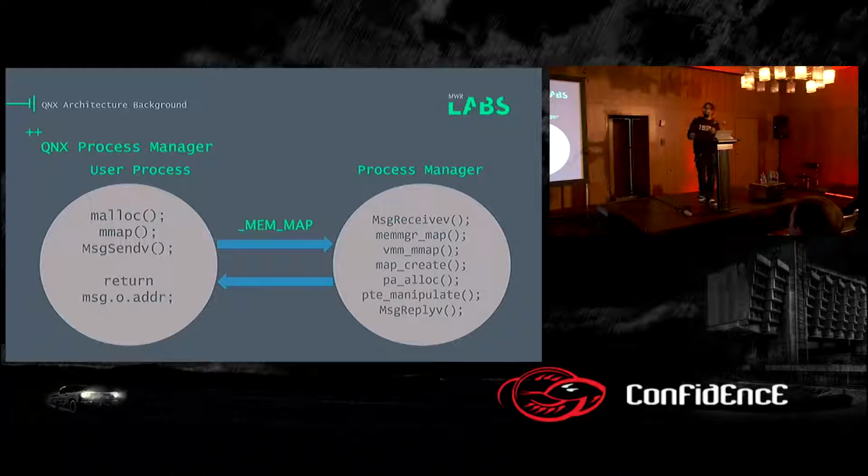And then the user-land process will use message receive again to get the reply from the process manager. It will unpack the message, extract the pointer to the chunk of memory that's been allocated, and use this pointer as the return value for malloc. But again, this is all under the hood. As a developer, you don't really have to worry about handling these messages.